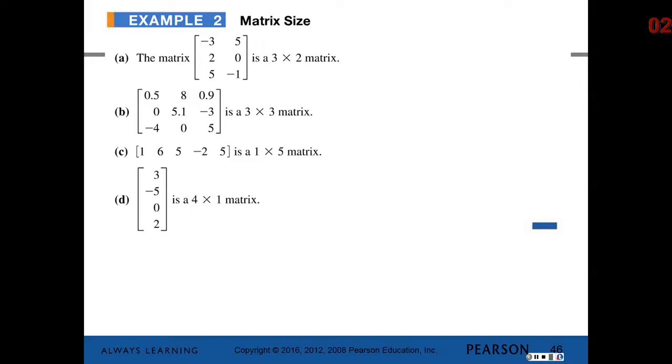When your rows equal your columns, it's called a square matrix. Matrix C is a 1 by 5 because it's 1 row with 5 entries. And matrix D is a 4 by 1 matrix because there are 4 rows but only 1 column.